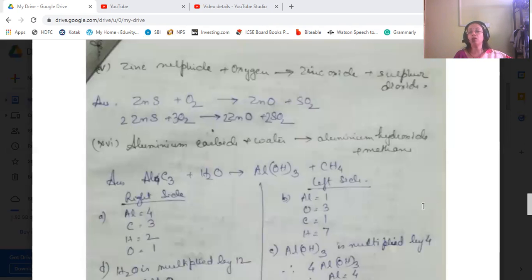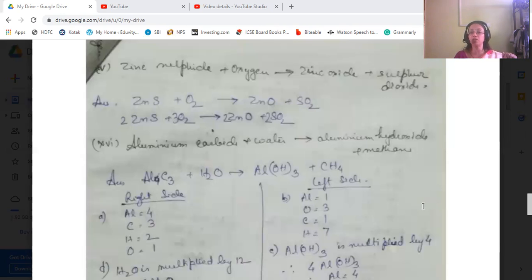For that reason, on the reactant side, we multiply O2 by 3. That makes 6 of oxygen. So see, on the reactant side, Zn is 2, S is 2, O is 6. On the product side, Zn is 2, O is 6, S is 2. So it's balanced now.